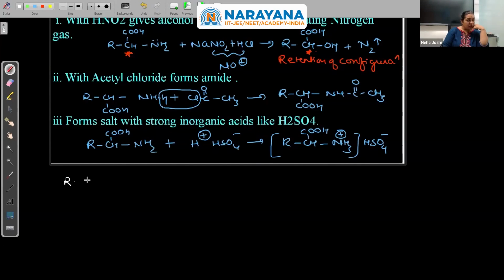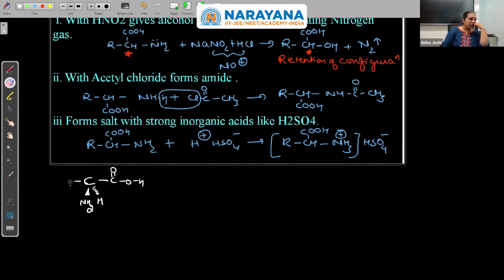So, when I say RCH, if I take, let me write a more detailed version, COOH, and I will write this. I have to check whether I'm drawing it correctly: if I place NH2 here on a wedge. Have I drawn the correct arrangement? Yes. If I draw it as a Fischer projection, is it an L amino acid?